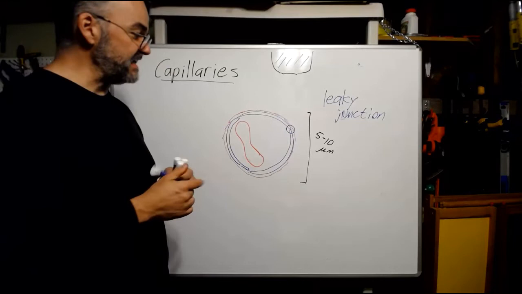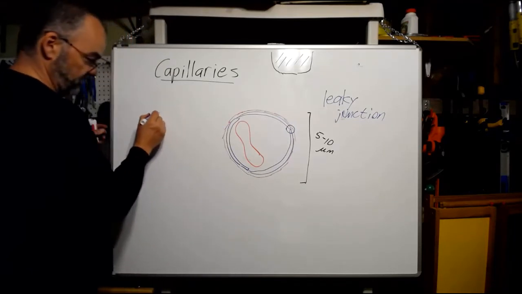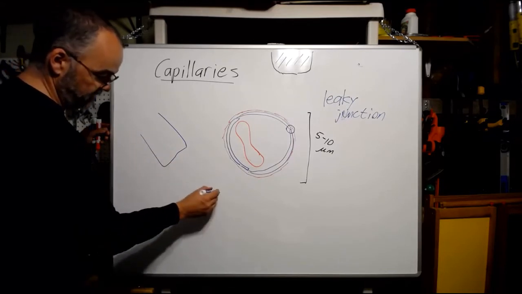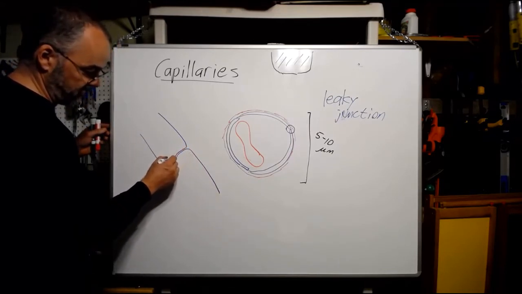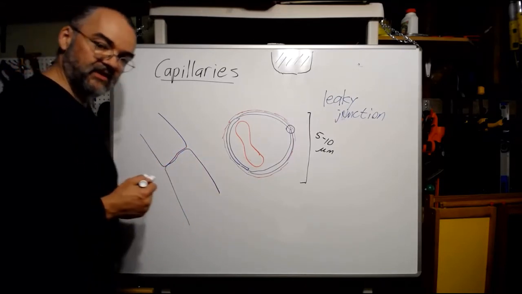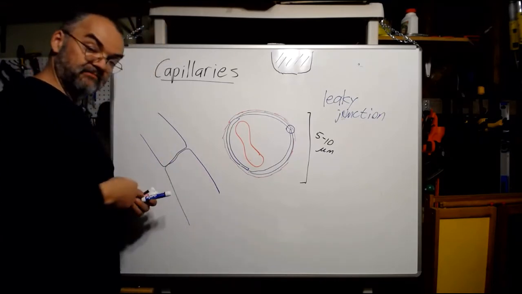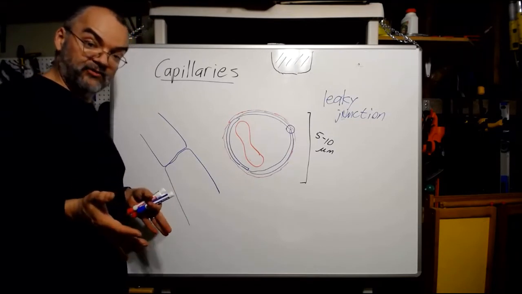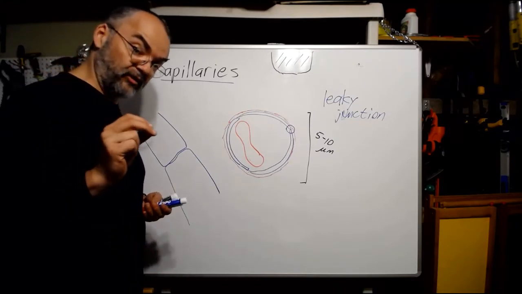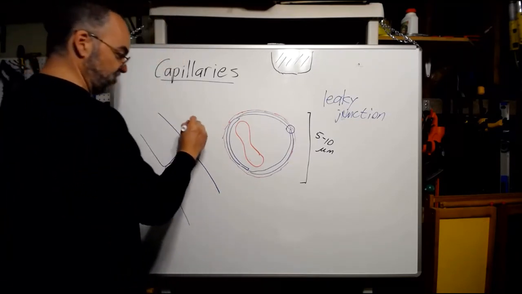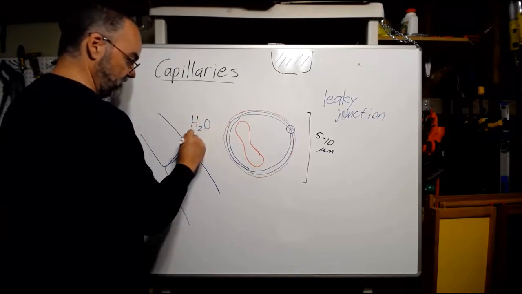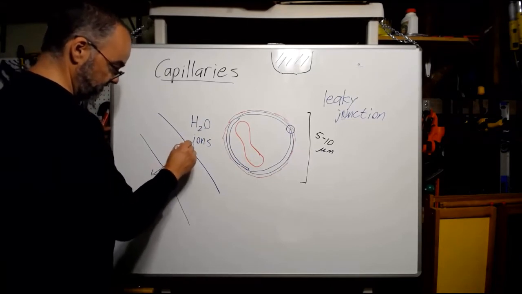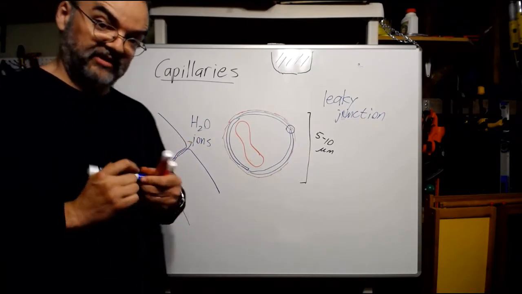And at leaky junctions, so if we draw that leaky junction in close-up, the seal between the two cells isn't quite perfect, which means some materials can move from inside to outside or outside to inside without having to go through the cell at all. Only very small things, though. So at leaky junctions, water and ions can pass in and out of capillaries.